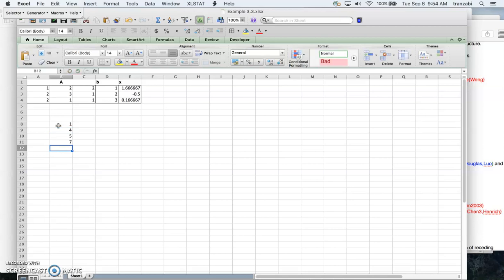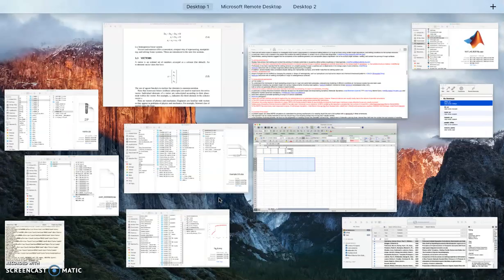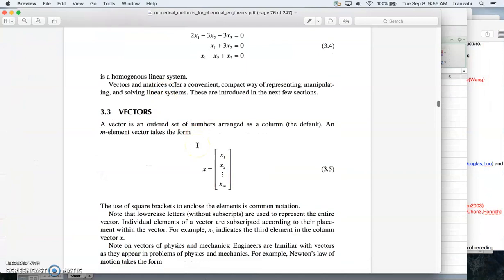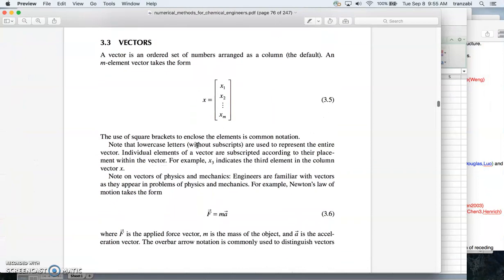You can think of this as a vector of 4 by 1, 4 rows, 1 column. I can have a vector like this, 1, 4, 6, and 9. So you can think of these 4 as a row vector for now. Okay, so this is a row vector, this is a column vector. Let me clear this up and go back to the notes. So that's about the vector definition.